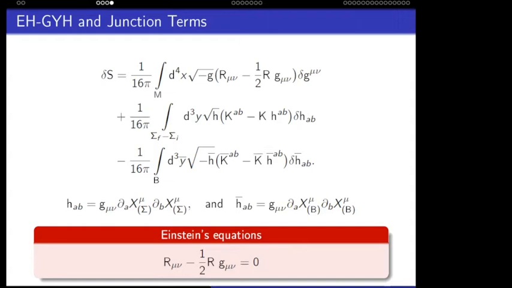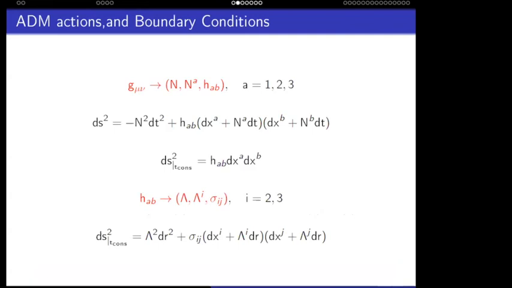Usually in AdS/CFT, you do this. But here I'm using the boundary condition that you fix only the 3 metric at the boundaries. Is that clear?